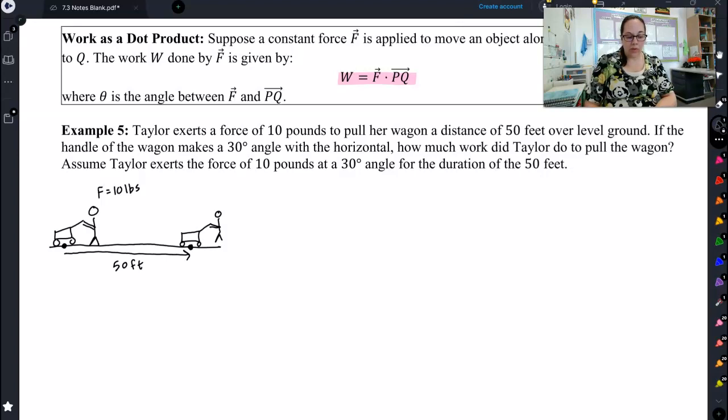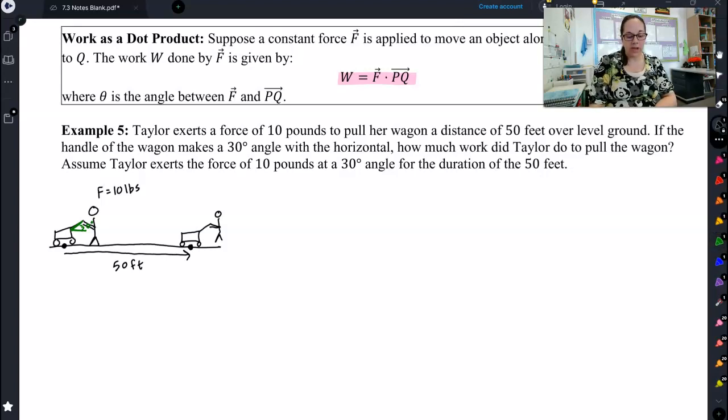Now we know the handle of the wagon makes a 30-degree angle with the horizontal. So that angle right there, the handle of the wagon, is a 30-degree angle. We want to know how much work Taylor did to pull the wagon.